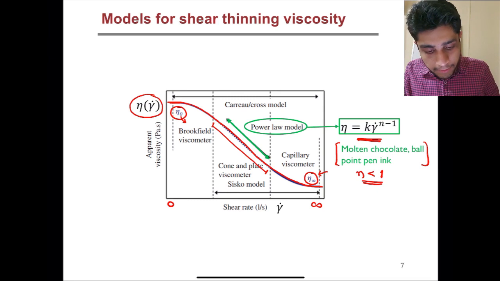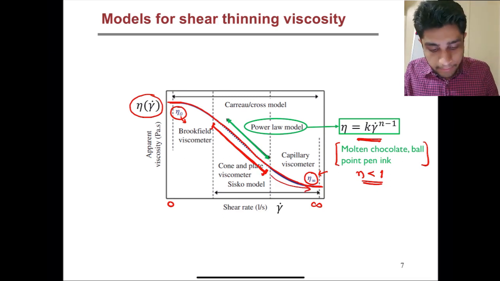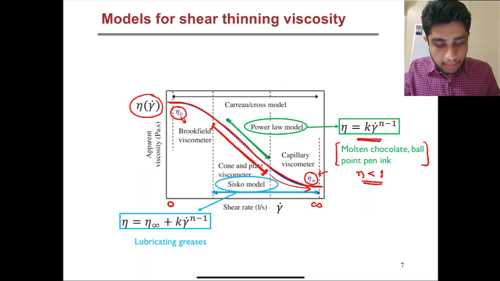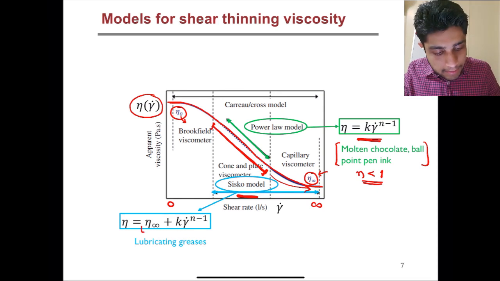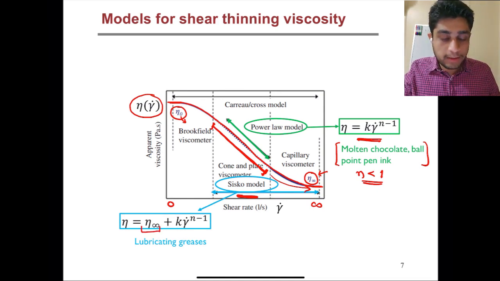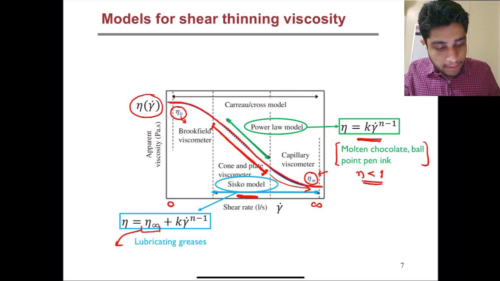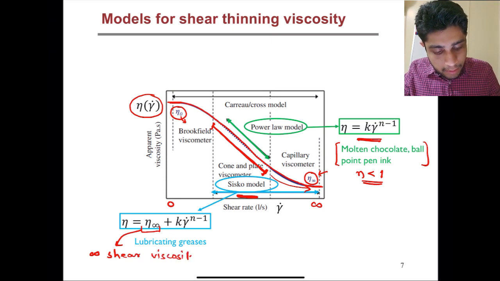But now if we have a fluid which obeys this power law and also has a constant viscosity in the infinite shear rate limit, then we can model it using something called a Cisco model, which basically just has this extra constant added, for the infinite shear rate viscosity, and it is added to this normal expression for the power law.